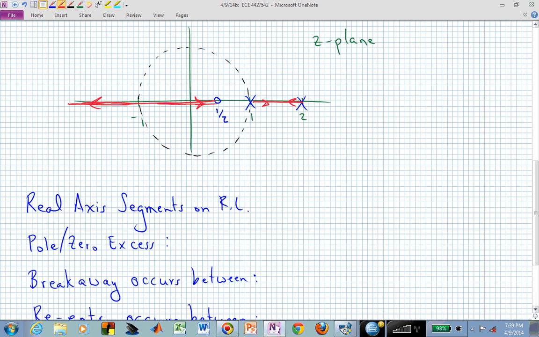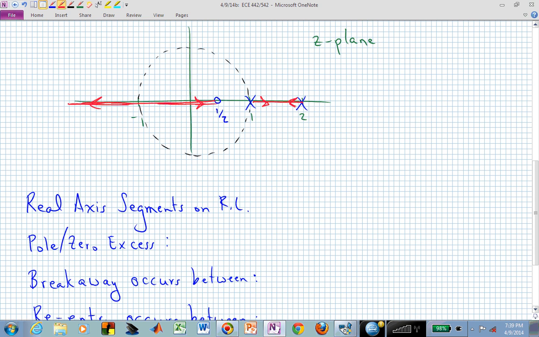We can then start asking, okay, what's the pole zero excess? How many branches do we have? We have two branches of the root locus because we have two poles. These two are going to go towards each other between z = 1 and z = 2, and they are going to collide and then break away.